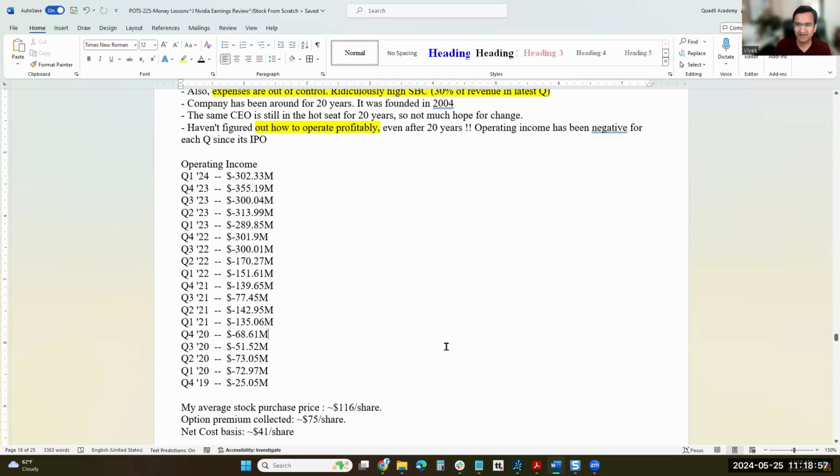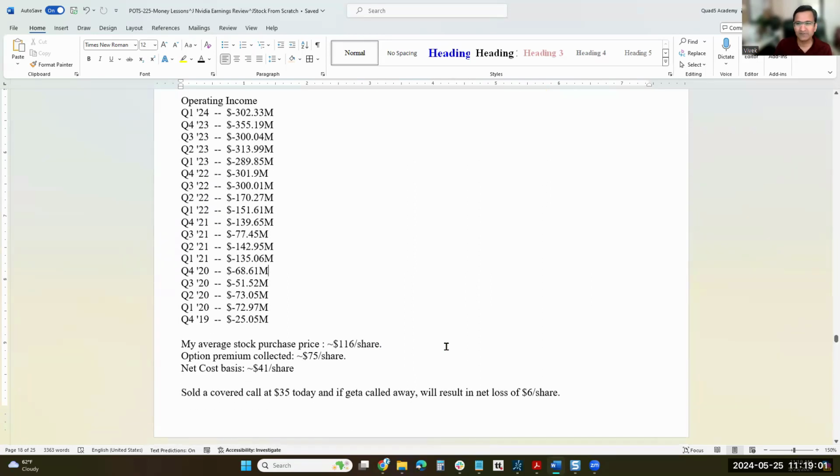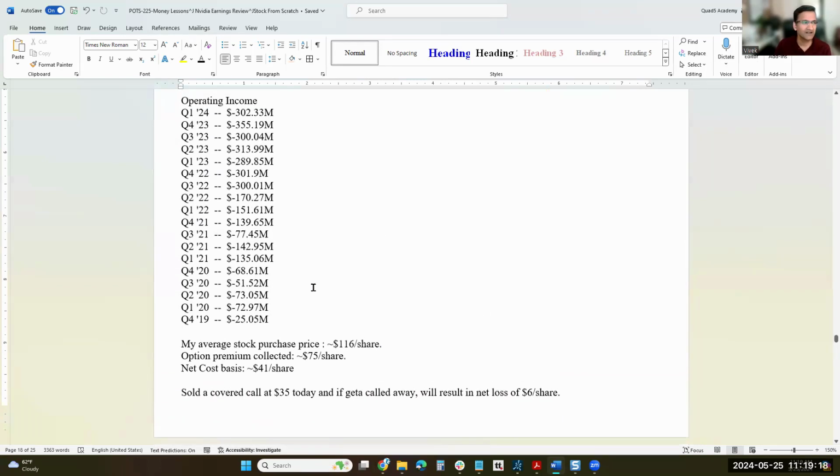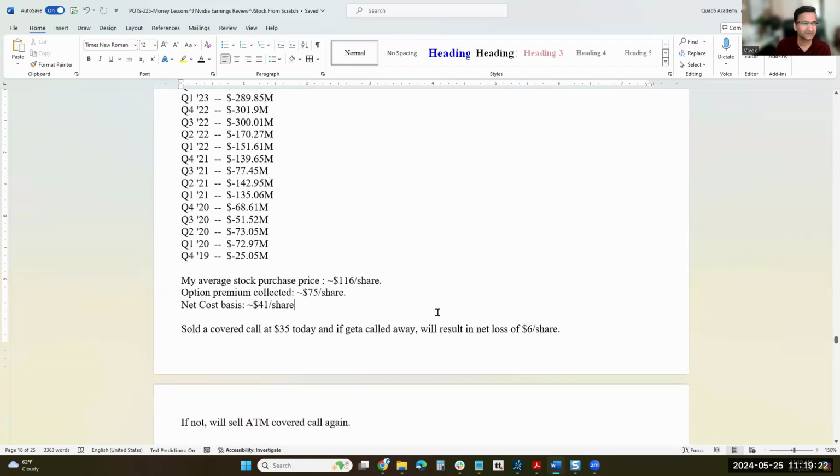Clearly, they don't have shareholders in their minds, and the board of directors is not pushing the CEO to think about shareholders. So I'm like, okay, I'm done. Some of the stocks wherein the business has not been performing, I was willing to give more time, but the company has been around for 20 years, which is surprising.